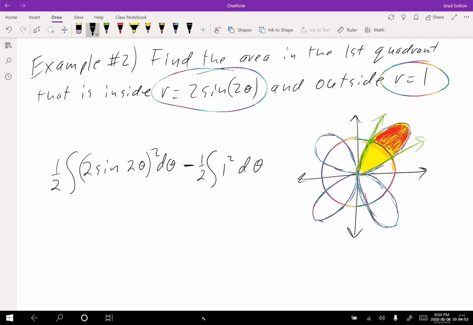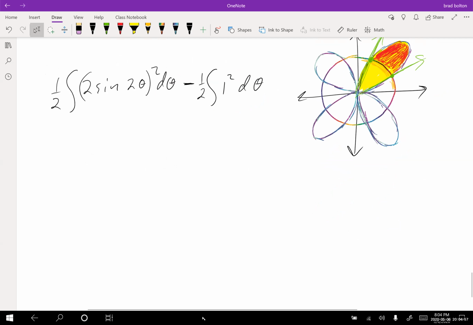So now let's clean this up. Oh, we got to find these values. Sorry about that. So let's say that 2 sine 2 theta is equal to 1. We're gonna divide both sides by 2, so then we'll have sine 2 theta is equal to 1/2, right?